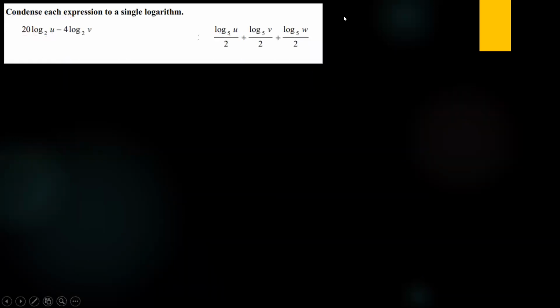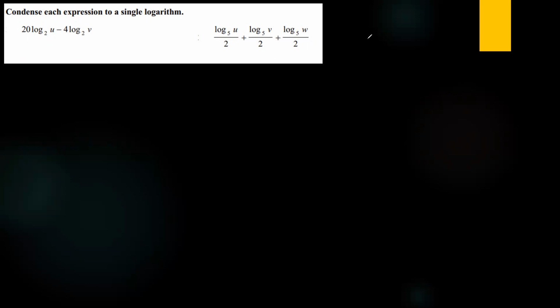Now here, condense each expression to a single logarithm. So here you have to rewrite these expressions as a single logarithm. They are already expanded. I need now to write them as a single logarithm.